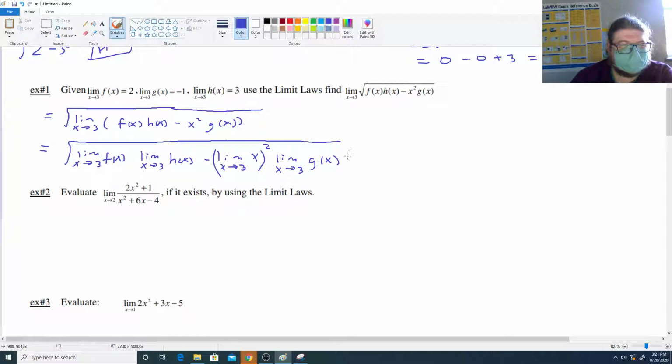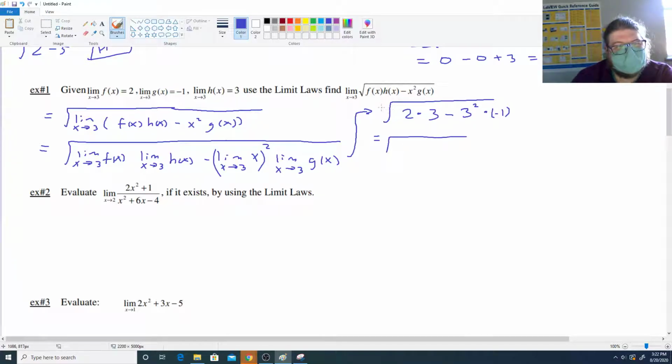Now they told us some of these numbers, so let's plug those in. The limit as x approaches 3 of f of x is 2, times the limit as x approaches 3 of h of x is 3, minus the limit as x approaches 3 of x is 3, and then the 3 gets squared, times the limit as x approaches 3 of g of x, that is negative 1.